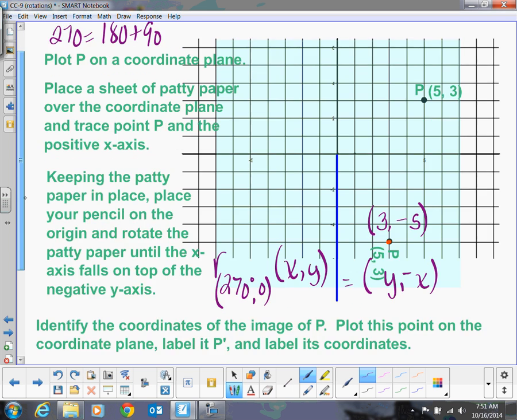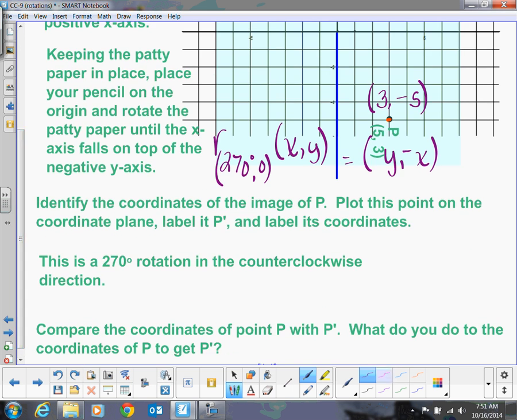So if I ask you for a rotation of 270 degrees of 12, -3, what would that be? Flip them, and the y stays the same, but the x does what?